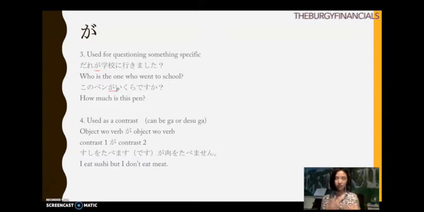So you're contrasting doing two things with one another. For example, you want to say, I eat sushi but I don't eat meat. So you say it in Japanese, sushi wo tabemasu desu ga.